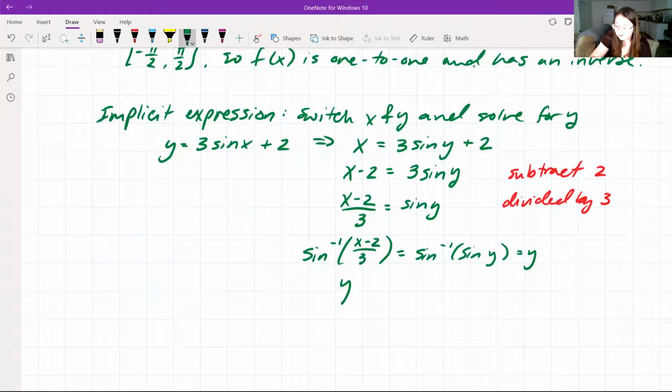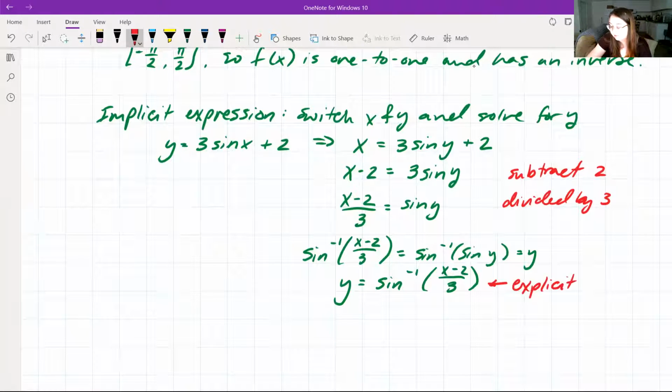So now we get that our explicit expression is y is equal to sine inverse of x minus 2 over 3. So this is our explicit expression.